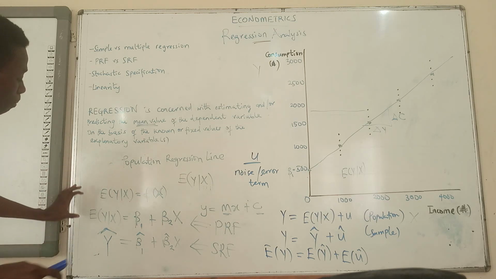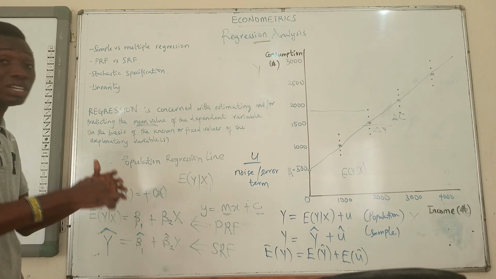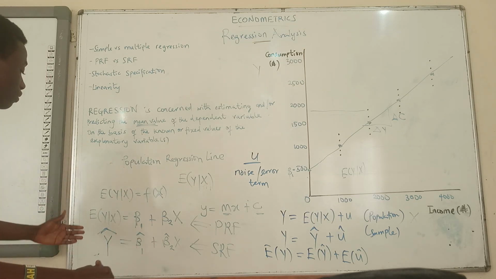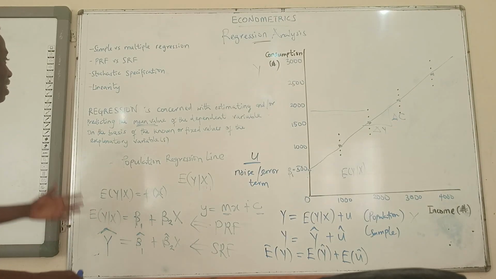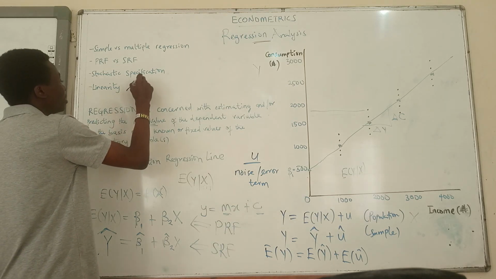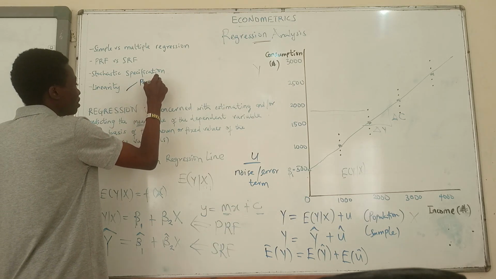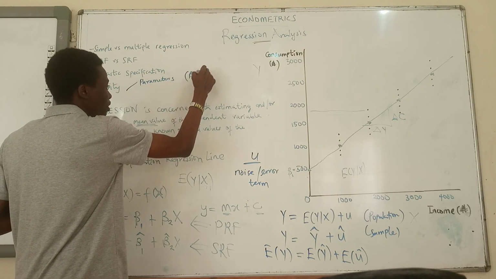Now, finally, we talked about the simple linear regression. The simple case we'll be looking at in this video tries to specify a linear form. Now, this linearity could be in two forms. You could have linearity in relation to the parameters, beta 1 and beta 2.